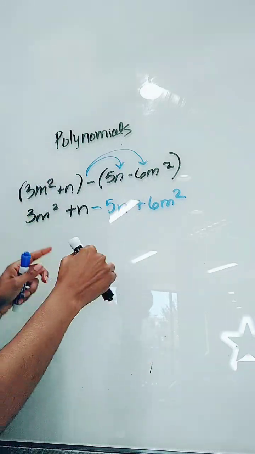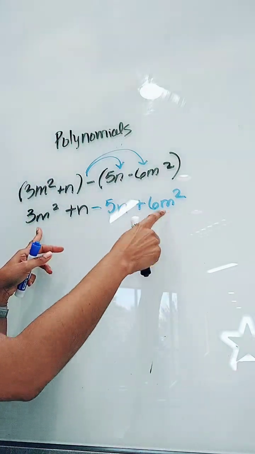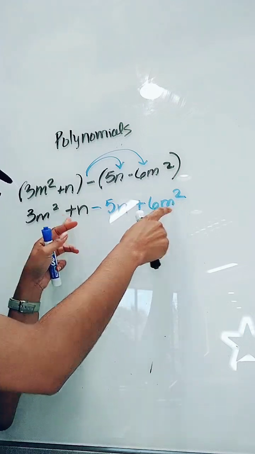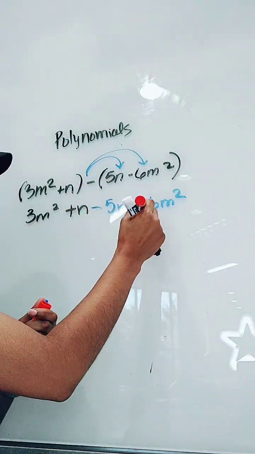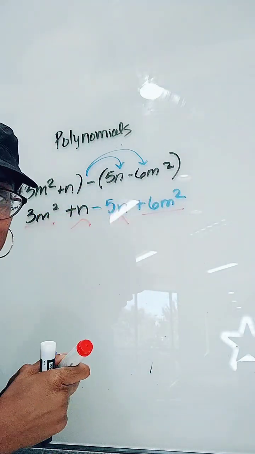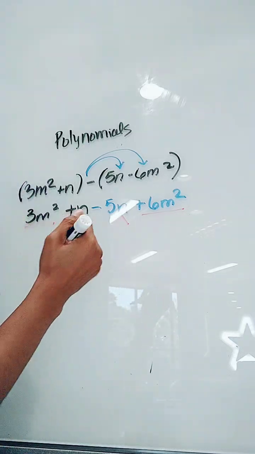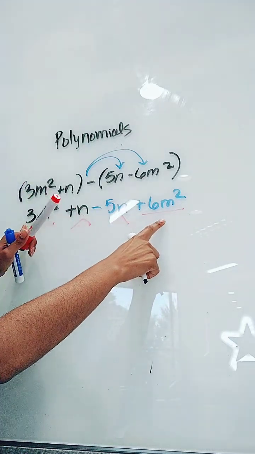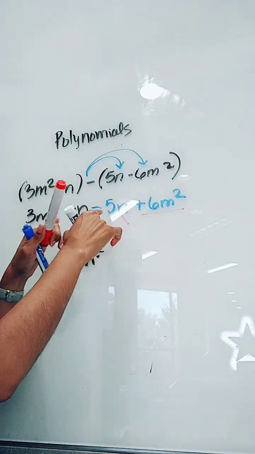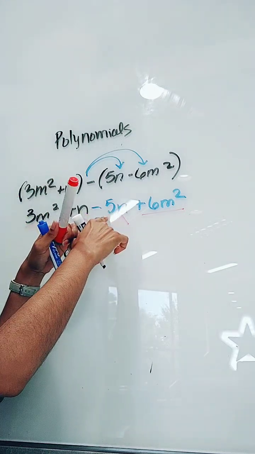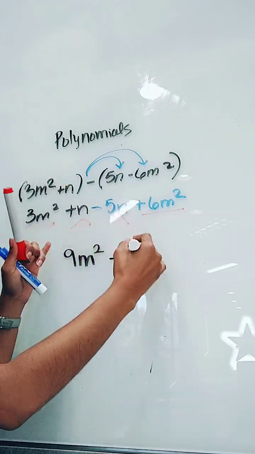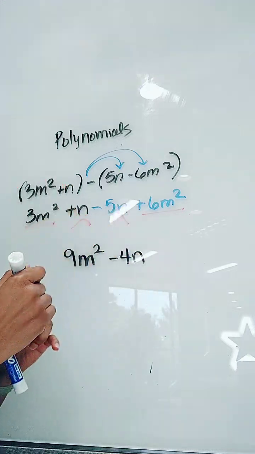Your like terms are same letter, same exponent, right? So I'm going to combine my m's, and then I'm going to combine my n's. When I do that, I have a positive 3 and a positive 6, which gives me a positive 9m squared. Then I have a positive n minus 5n, the minus is bigger, so it's going to win, but I have to take away one of the positives.